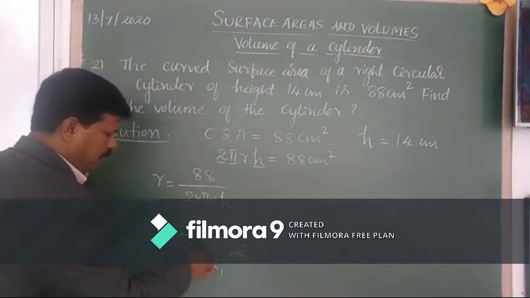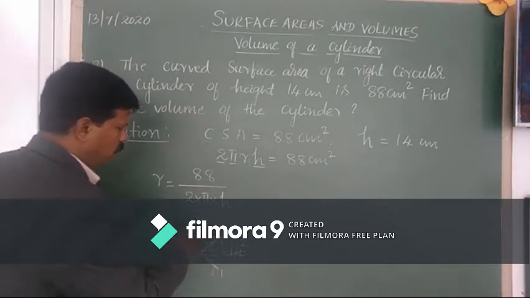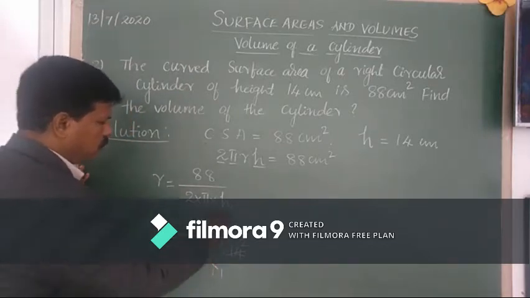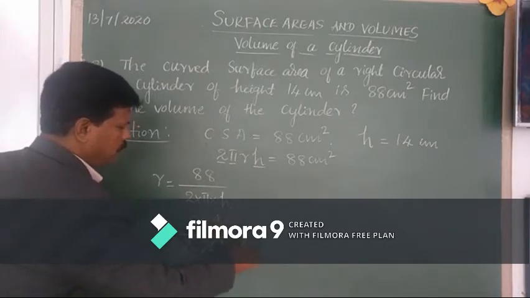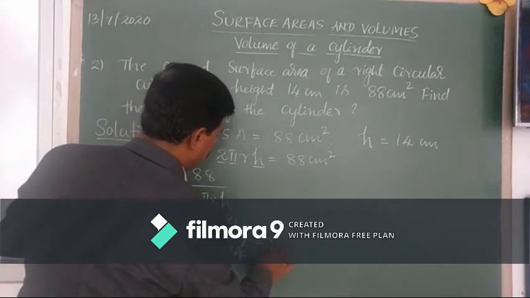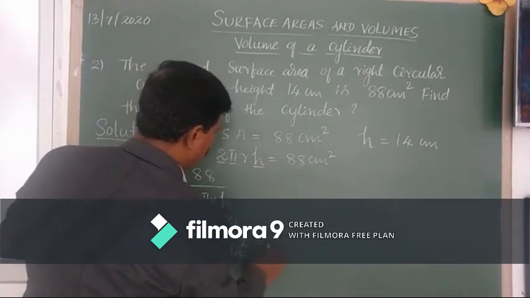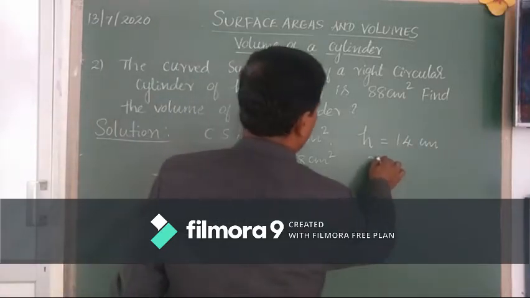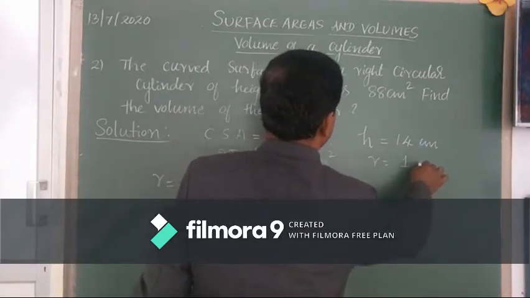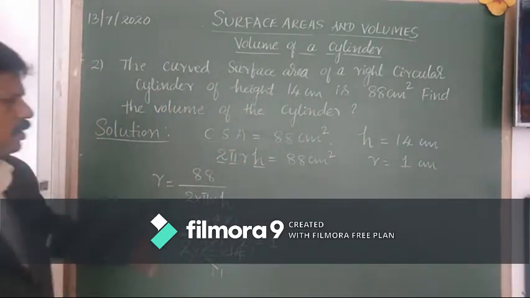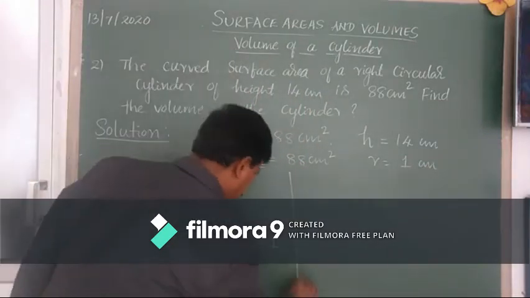So the radius of the circular base is equal to 1. So the r value is 1 centimeter. Clear? So this is the first part.